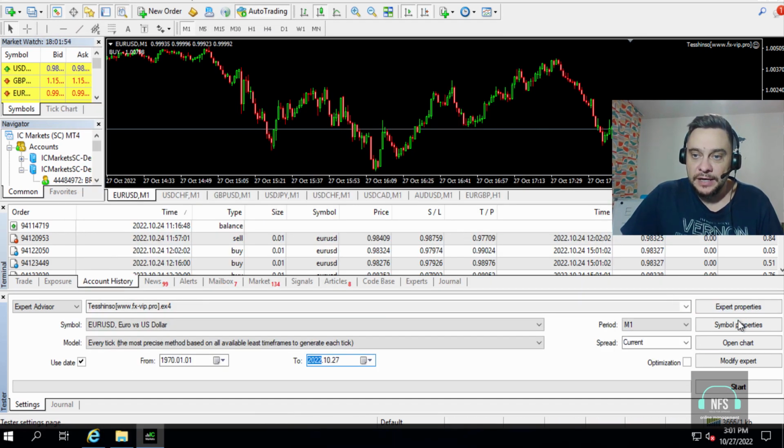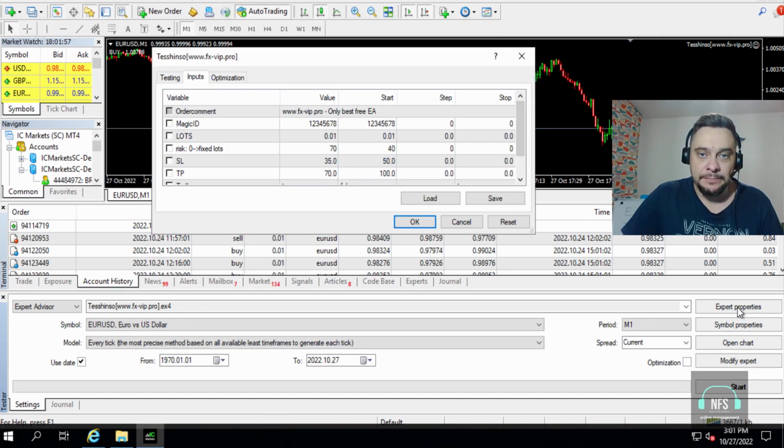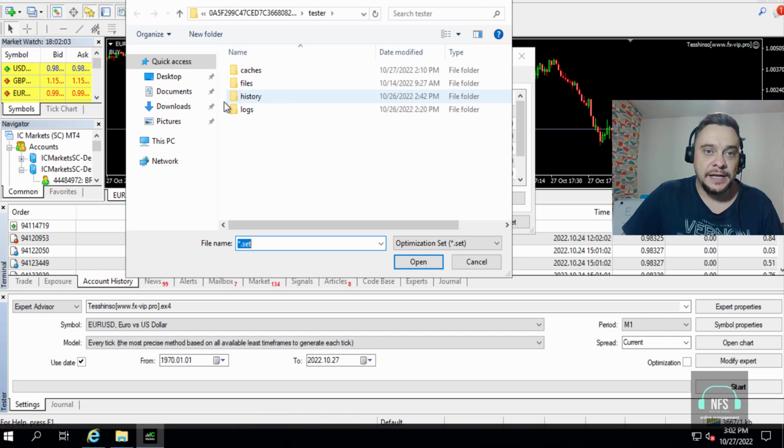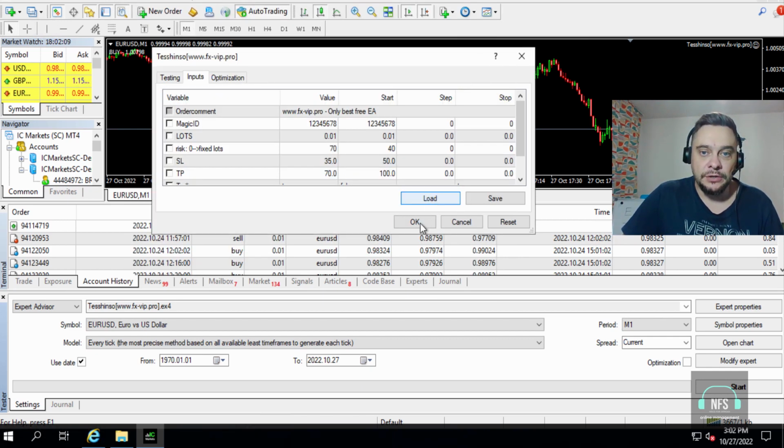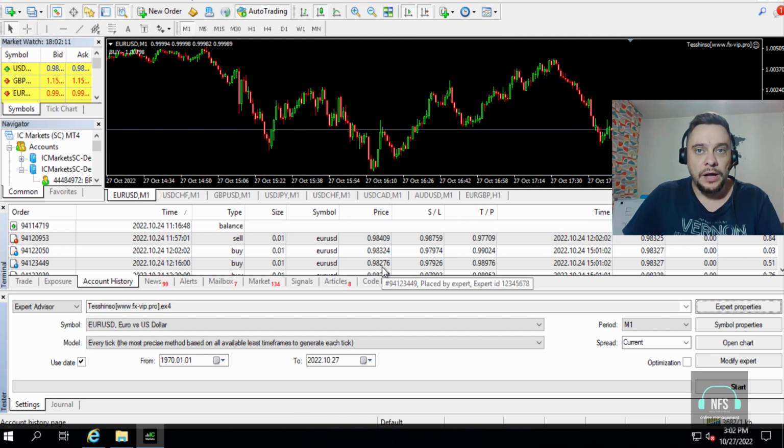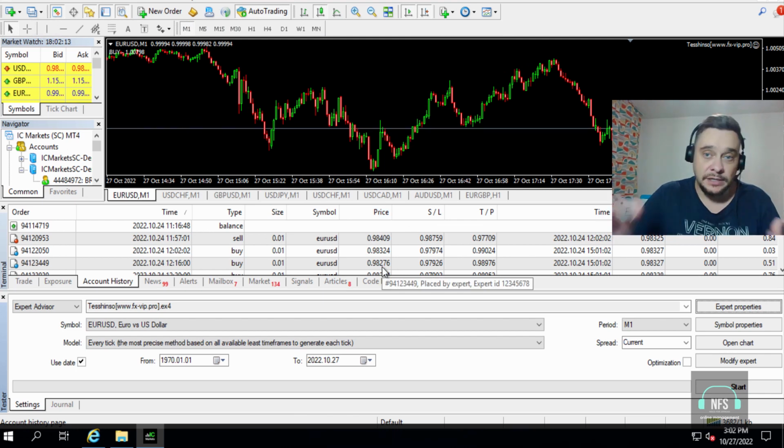For the moment, I will go here in the testing page to expert properties, go to inputs and load. I will load here the preset file. Go here and upload it. Okay, and now I have the minimum $100 settings here on this robot.